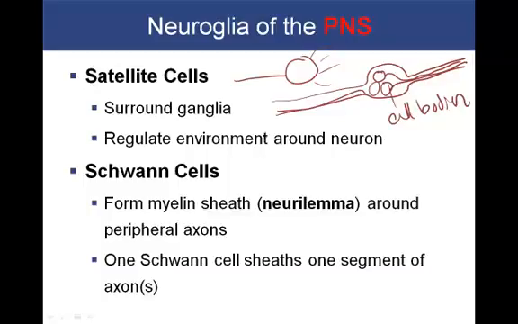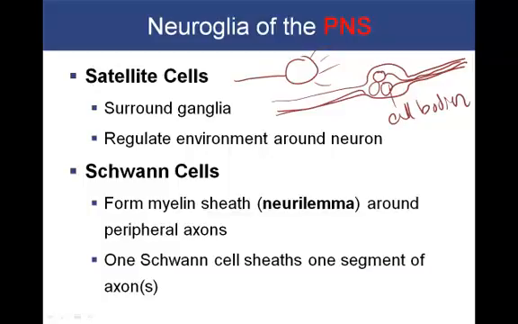Schwann cells are the last neuroglia that we're going to look at, and again, these are found within the PNS, and they form the myelin sheathing around the peripheral axons. Oligodendrocytes can actually send extensions, and they can myelinate many axons at a time.